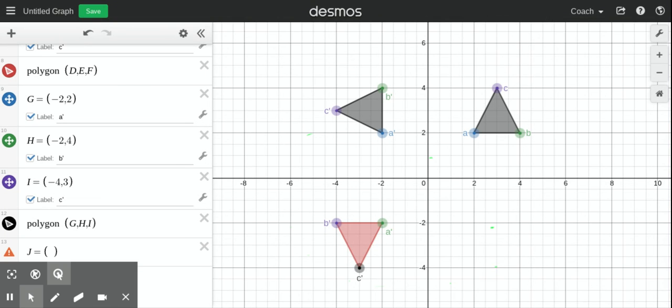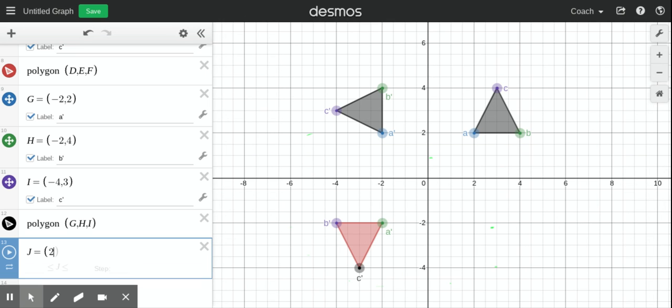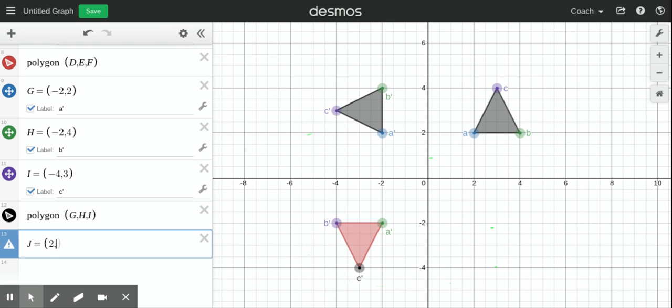Now let's do 90 degrees clockwise. So it was (2, 2), and it's going to be y first, y is still 2, and x is now -2.